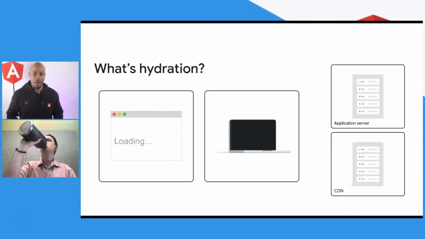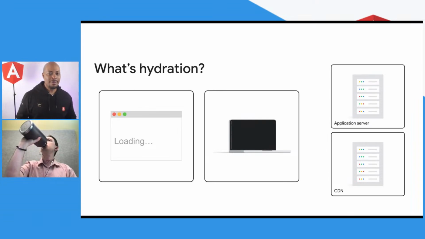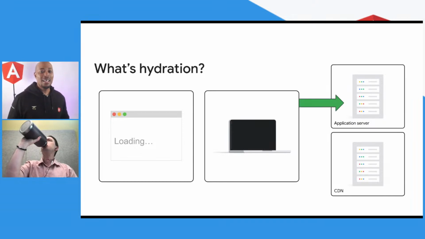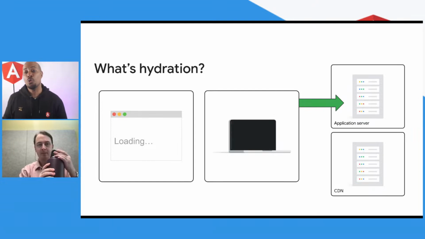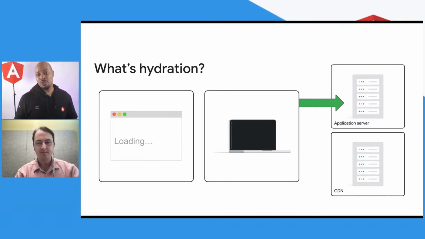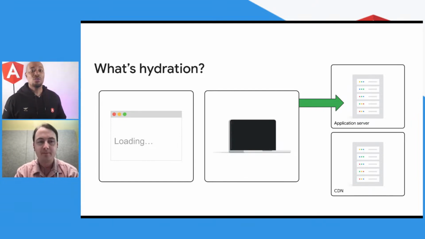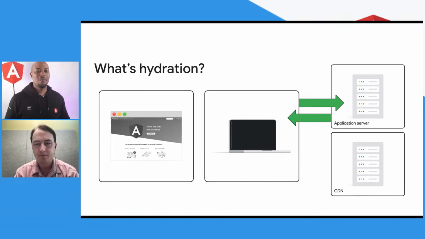We have a browser running on your laptop, and then we have a server, okay? When you open a web app, the browser sends a request to the server. If the app is using server-side rendering, the server will run it. On the server side, it's going to run your app code and generate that markup from your Angular application.